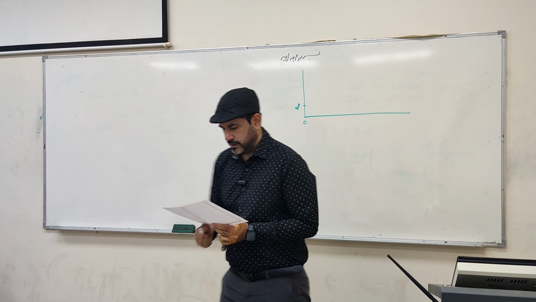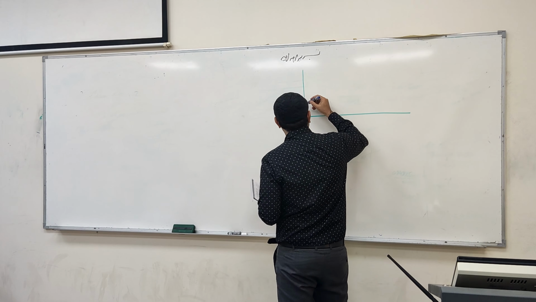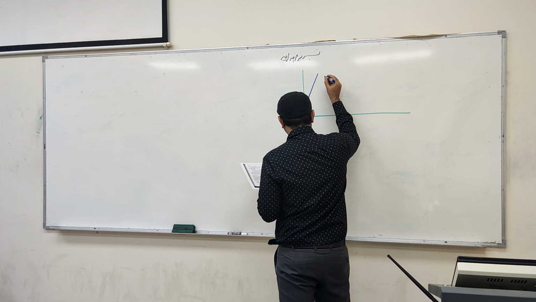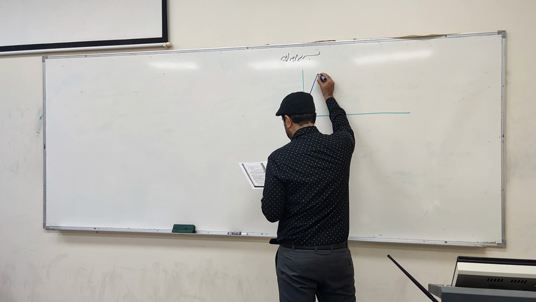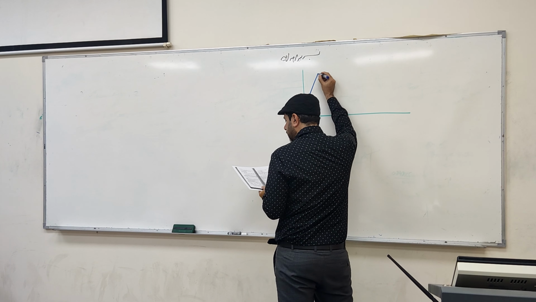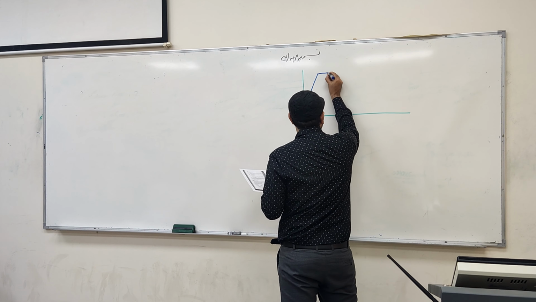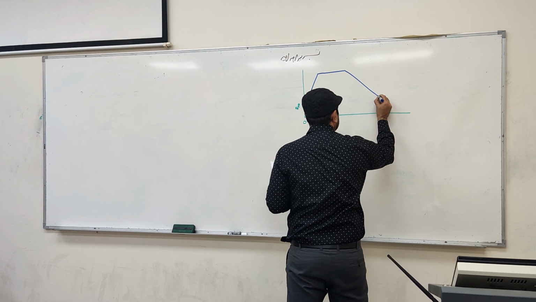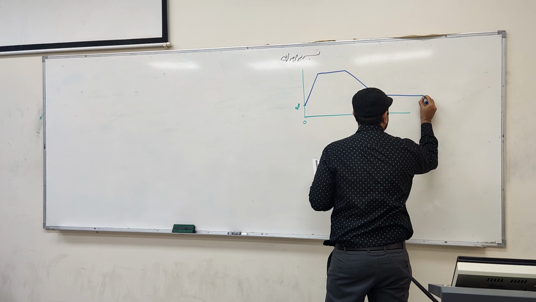From the 800 we go to something like this, just the pi, first half revolution, then we have a constant, then we go down, then we have this.